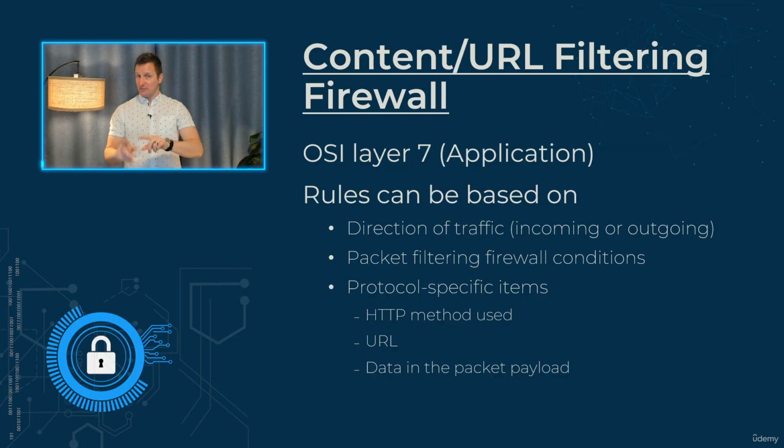But this is where it gets different. Then it can look at very protocol-specific items like HTTP details, like whether we're reading HTML pages or posting something to a website. It can look at the URL to see what people typed in. It can even look at the packet payload, anything that is supplied as actual data, to make a decision as to whether to allow or deny the traffic.